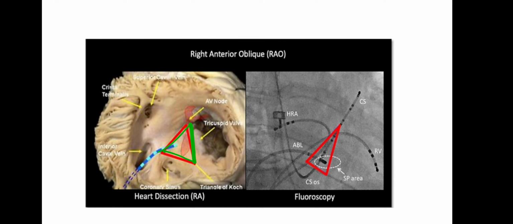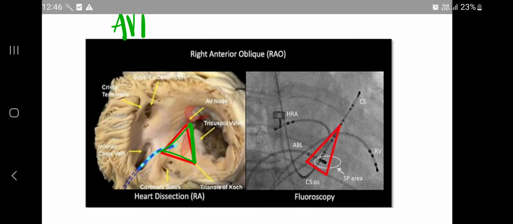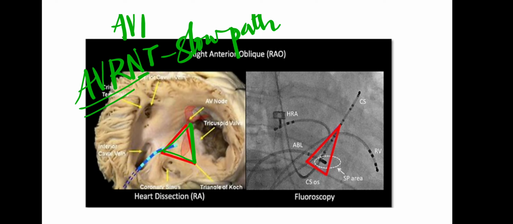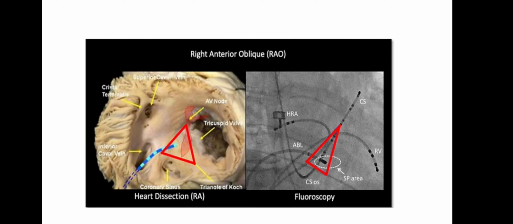With respect to the AV node, the most common condition for which it is used is AV nodal reentrant tachycardia, for which specifically the slow pathway of the AV node must be ablated. Within the triangle of Koch is some part of the AV node, and near the apex of the triangle you have some part of the AV node.